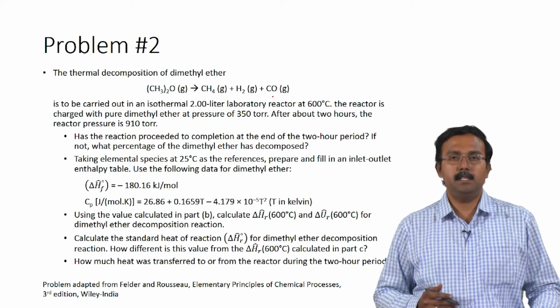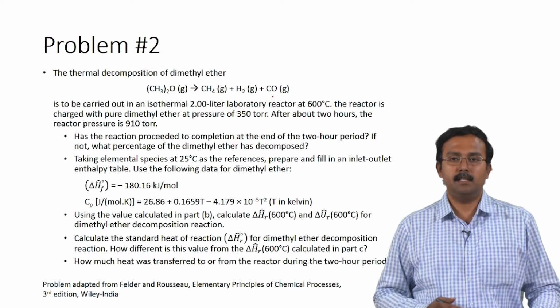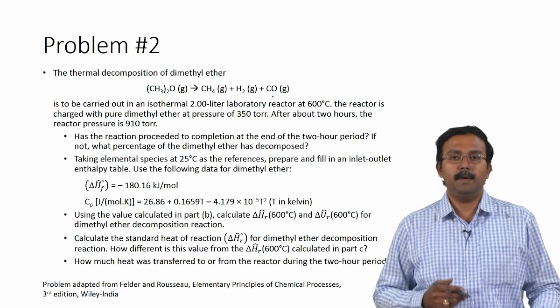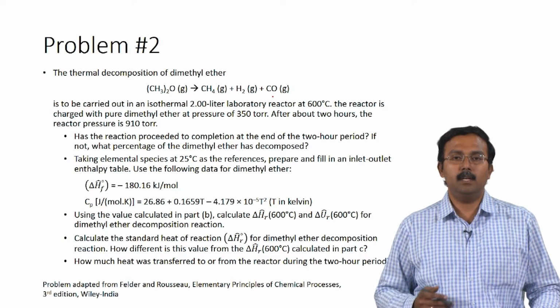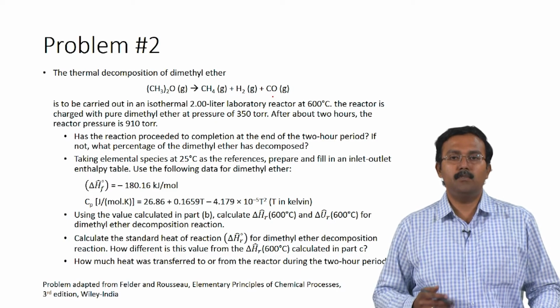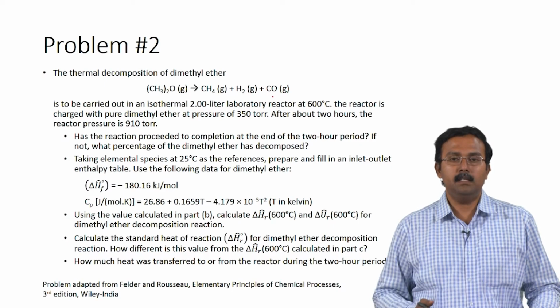Taking elemental species at 25 degrees Celsius as the reference state, prepare and fill an inlet and outlet enthalpy table. Use the following data for dimethyl ether. Heat of formation for dimethyl ether is minus 180.16 kilojoules per mole.